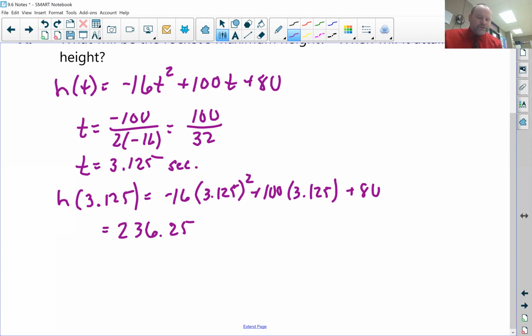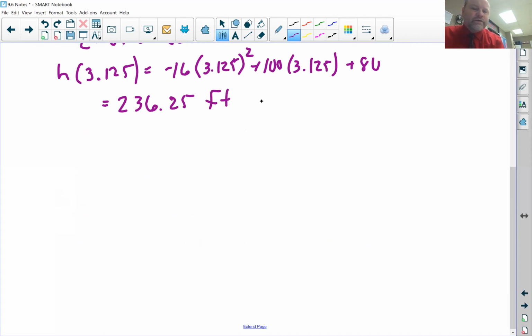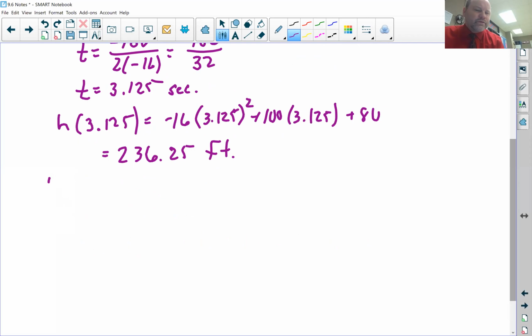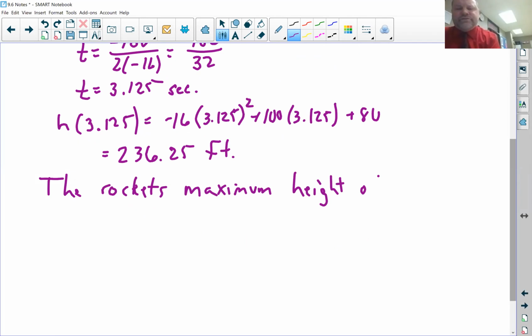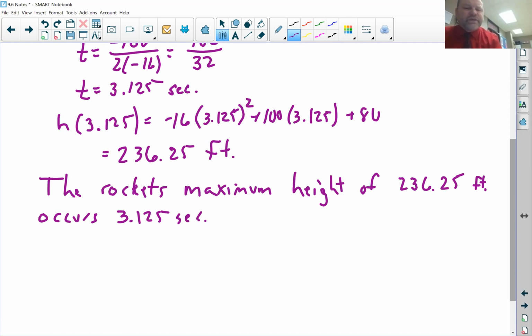Yeah, okay. So answering my question, the rocket's maximum height of 236.25 feet occurs 3.125 seconds after the launch.